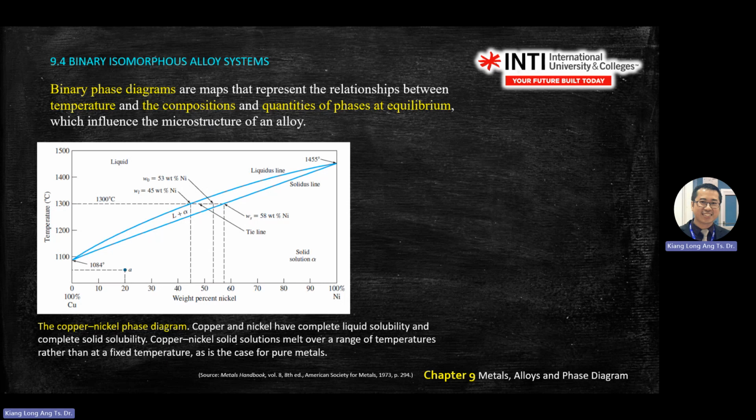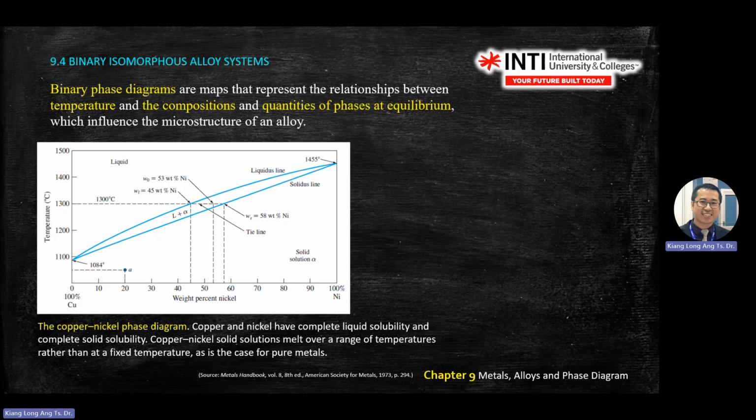So if you want to get 100% liquid between nickel and copper, as long as your composition falls within this region and you meet this temperature, you will get liquid form.